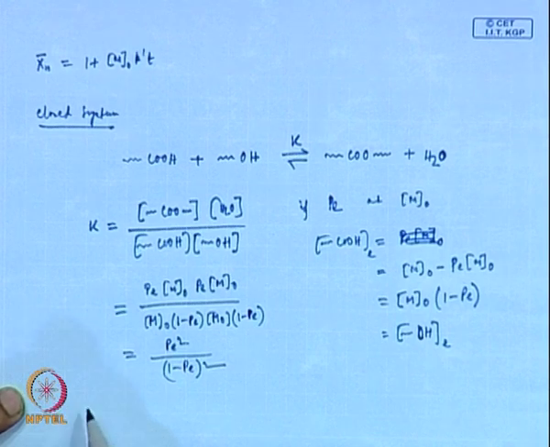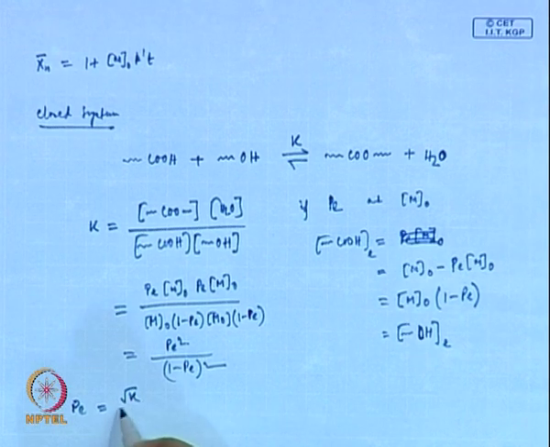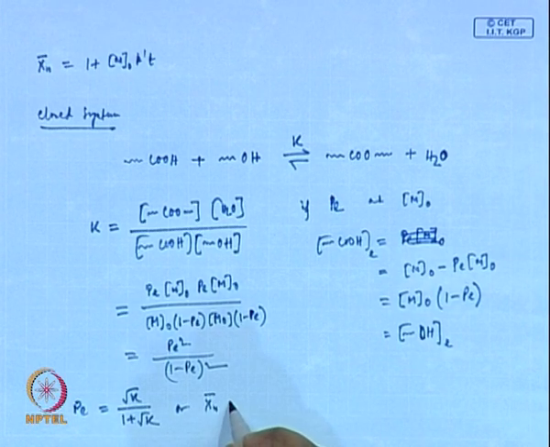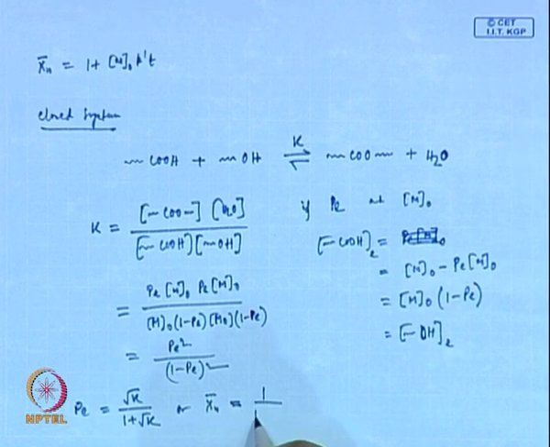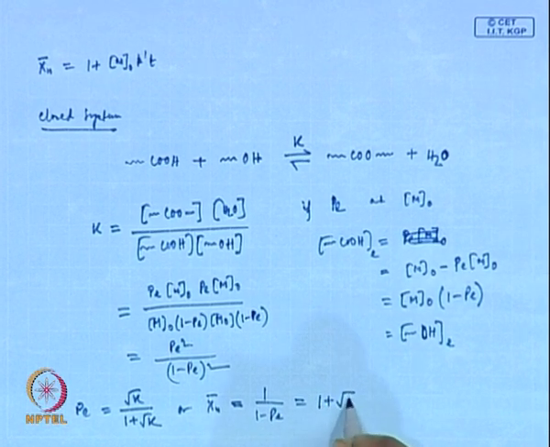So, rearranging we get P as root k, 1 plus root k, or x n bar is 1 over P, which gives you 1 plus root k.